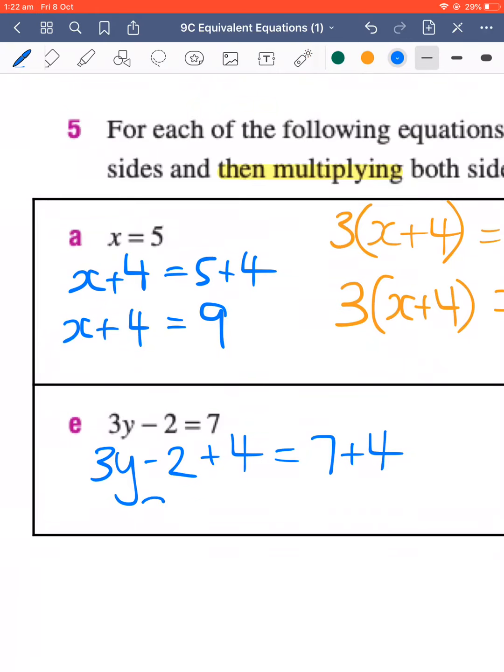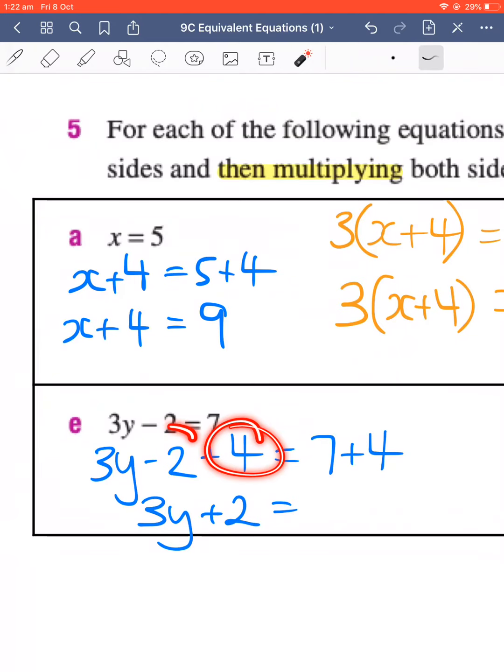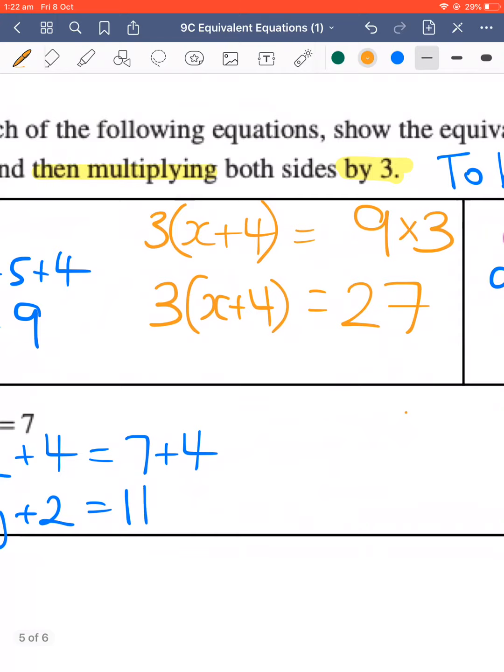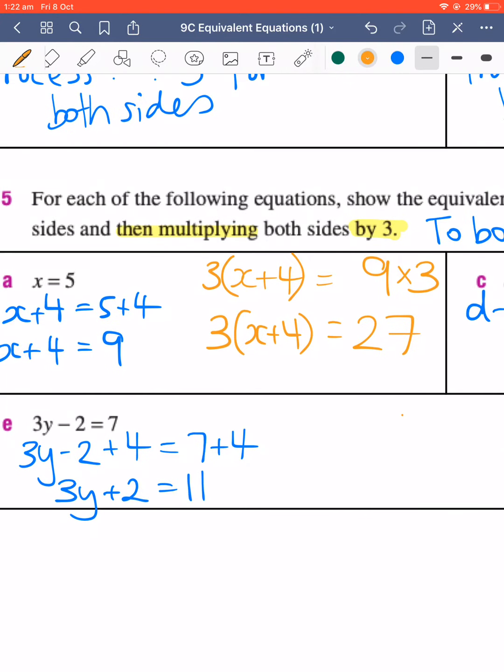So 3y is still the same. Minus 2 plus 4, I end up with plus 2. So I started off with essentially 4 apples, and you took away 2, so I only have 2 left. And 7 plus 4 gives me 11. Okay, now the second step, remember, I'm multiplying by 3, so let's write out our equation first.